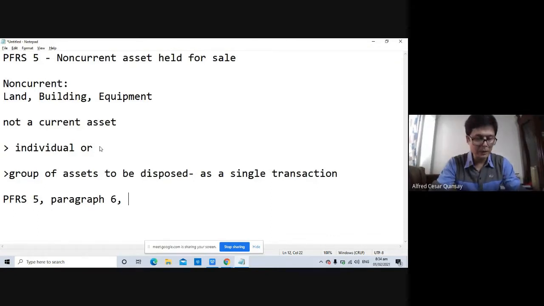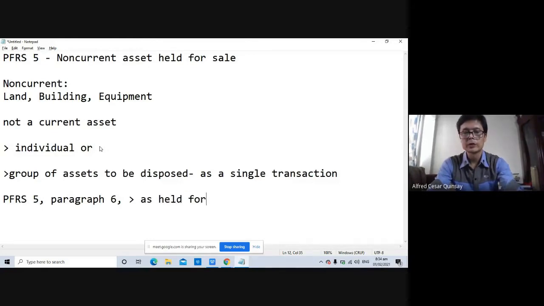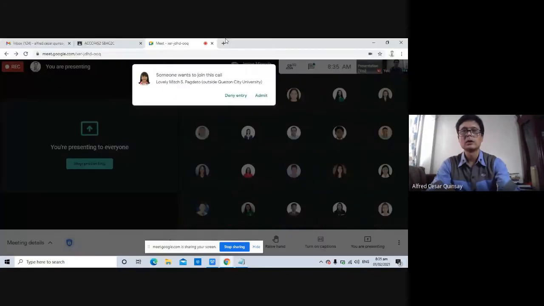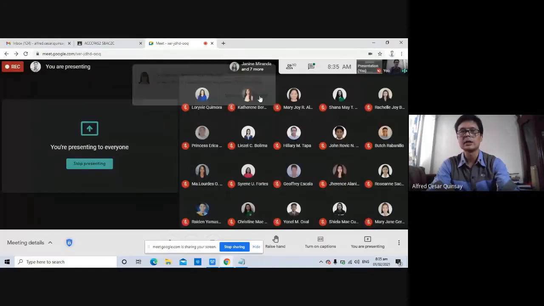So, ang sabi lang dito sa PFRS paragraph 6, na itong non-current asset or disposal group is classified as held for sale. Okay, so it is classified as held for sale.